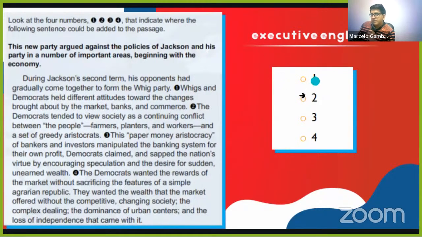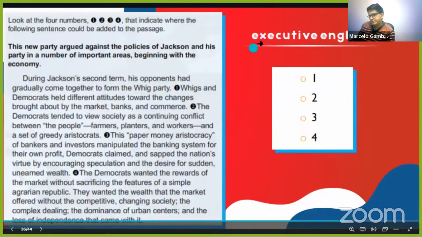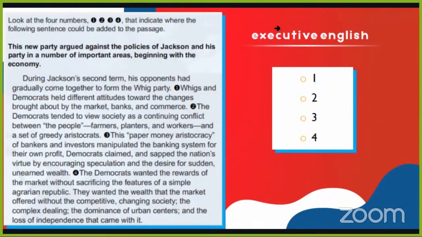Belén, can you please read from the beginning, during Jackson, till the end? Okay, teacher. Look at the four numbers that indicate where the following sentence could be added to the passage. This new party argued against the policies of Jackson and his party in a number of important areas, beginning with the economy.